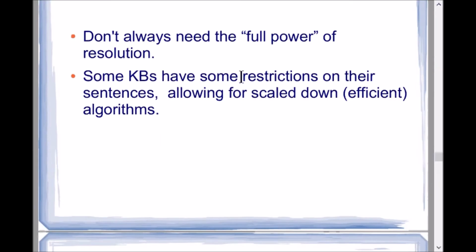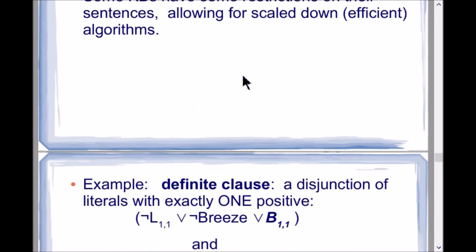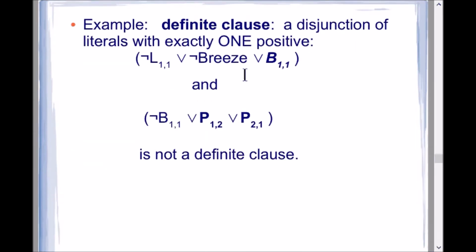Okay, so let's examine some of those potential restrictions. One potential restriction is that the knowledge base be made up of definite clauses. So what is a definite clause? It's a disjunction of literals, basically a string of ors, where exactly one of them is positive. If you look at this top clause right here, that is a definite clause.